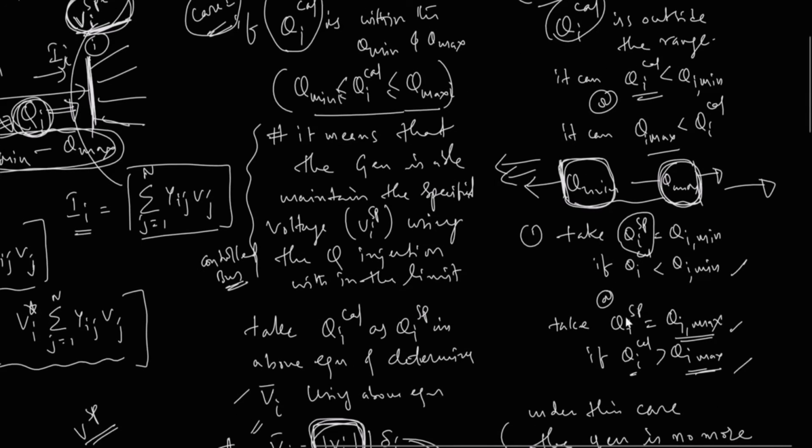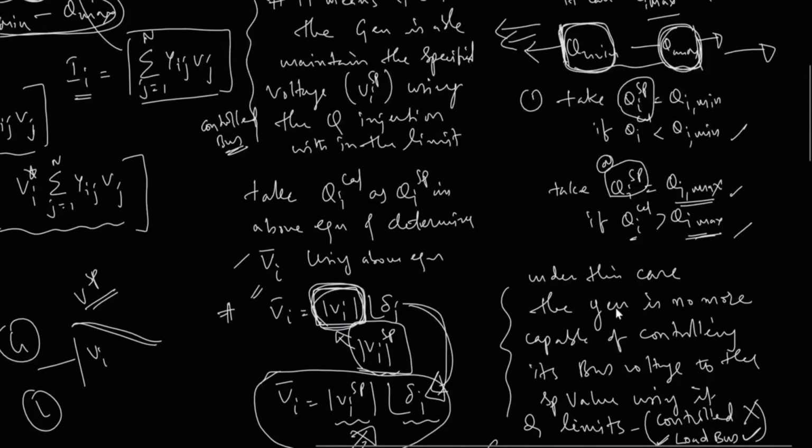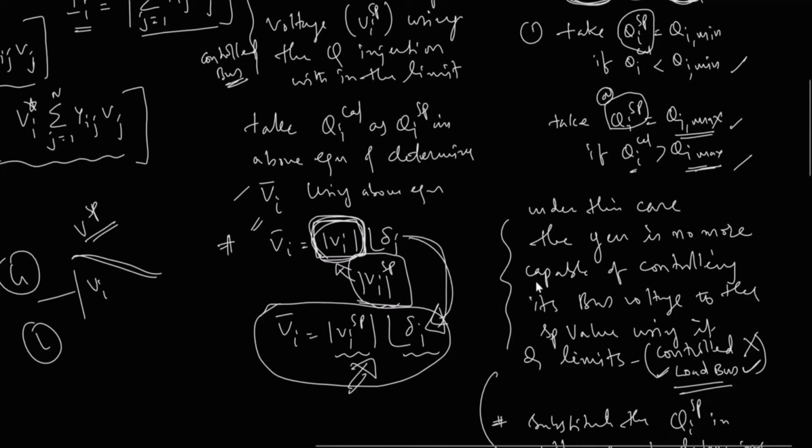So I will be fixing the Q specified like this, at one of the limits, and I understand that now the generator is not able to control its bus voltage within the reactive power limits available, and it will no more act like a generator bus, but it acts like a load bus, where the bus voltage is allowed to vary, for that iteration, for that moment.